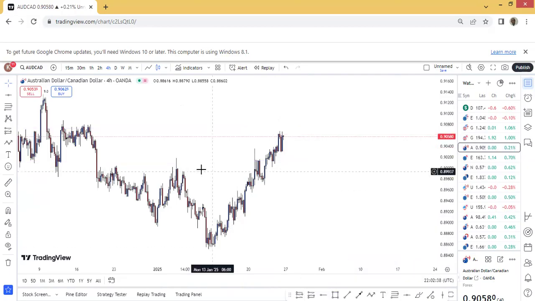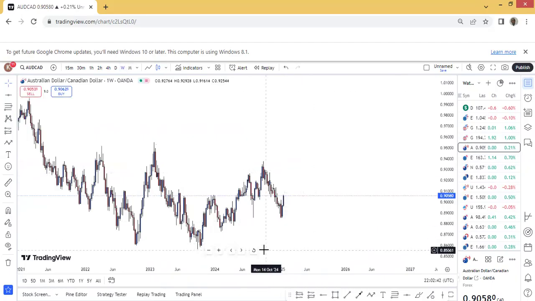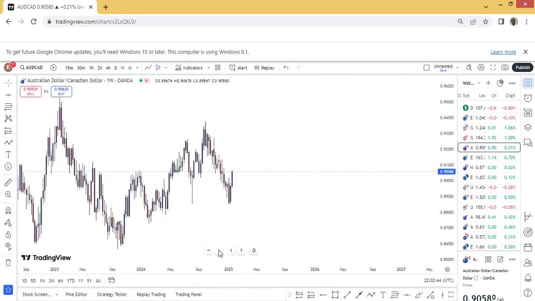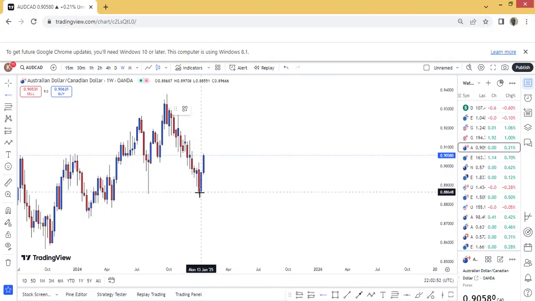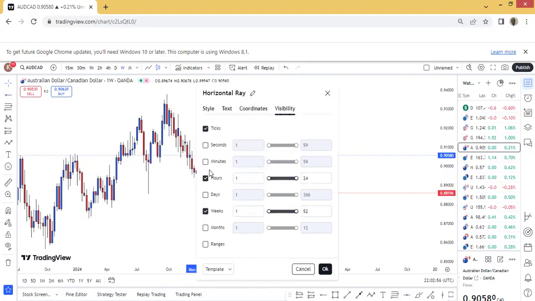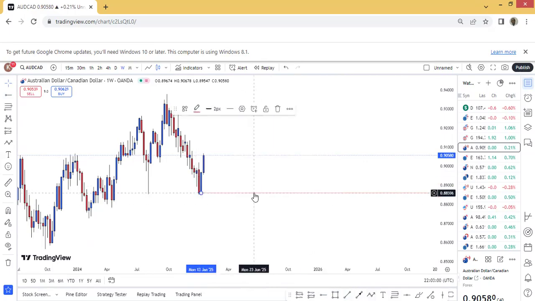Let me delete everything on AUD card. Come on, this is awesome. We are bullish on the weekly. We broke these lower high levels, so we formed a new higher. So we are bullish here. This is beautiful.